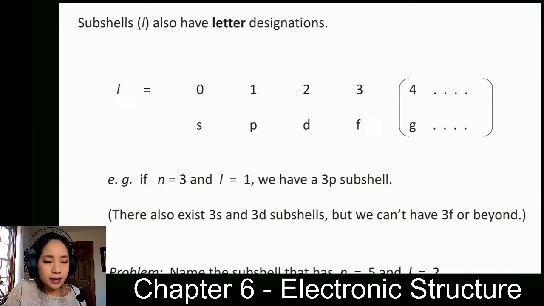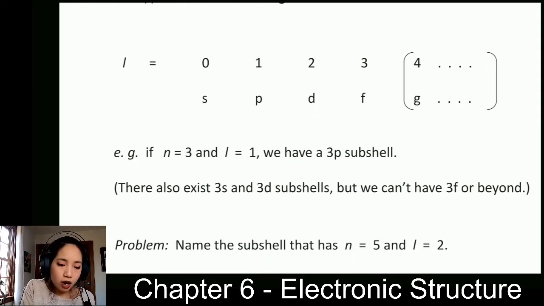But just understand that each of these L subshell numbers has a letter designation, and each one of these letters has a unique shape. So when L equals 0, we call that an s orbital. If L equals 1, we call that a p orbital. At L equals 2, that's a d orbital. All right, and so these are our letter designations.